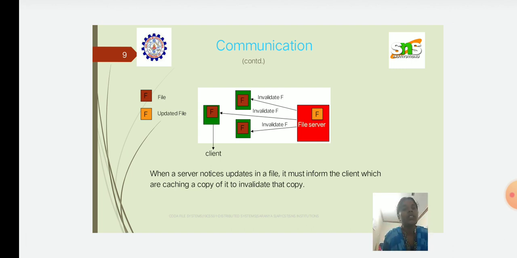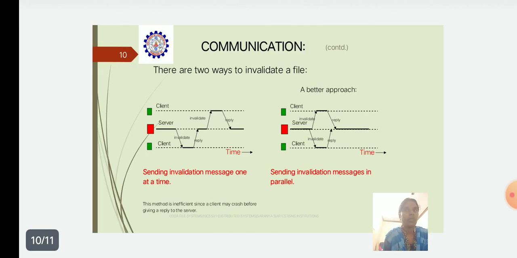The server notices the update in the file. It must invalidate the copies of any client which is caching a copy of the individual file.